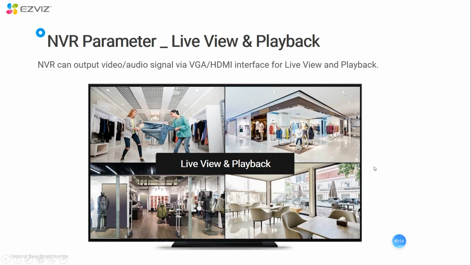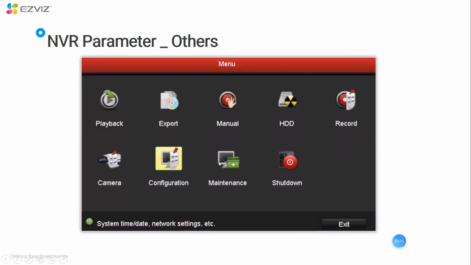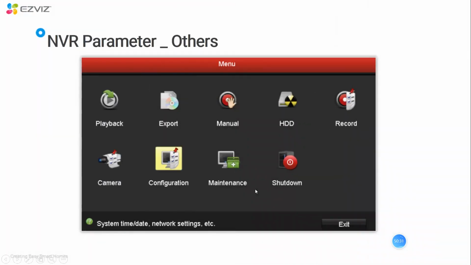An NVR can output the video or audio signal via the VGA and HDMI interface for live view and playback. This is a main function of the NVR. And it supports dual bitstream, the mainstream and substream as well. The other functions of the NVR are shown in this picture.